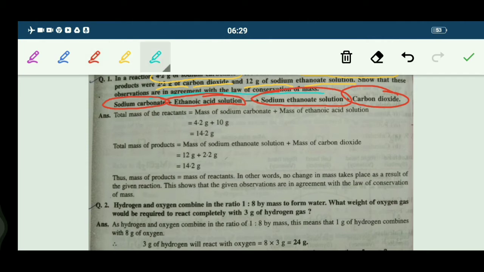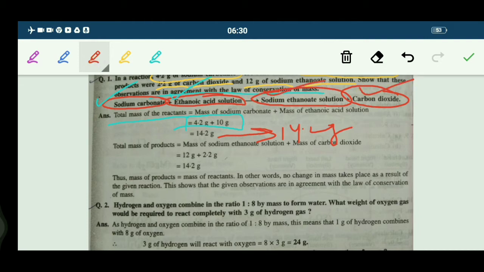So the total mass on the reactant side will be the mass of the sodium carbonate plus ethanoic acid solution, that is 4.2 plus 10 gram, given in the question, and the result is 14.2 gram. Next, we need to find the total mass of the product, which is sodium ethanoate solution plus carbon dioxide.